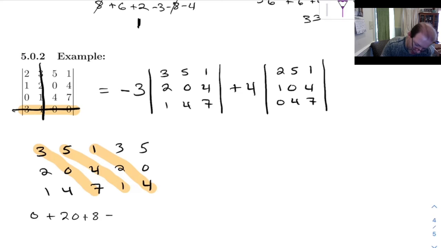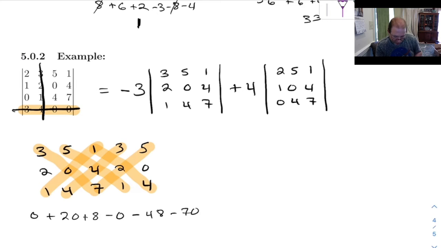For the subtracted numbers, we get minus 0, minus 4 times 4 is 16, times 3 is 48, and then 5 times 2 is 10, times 7 is 70. So this turns into 28 minus 48 minus 70, which is negative 90.